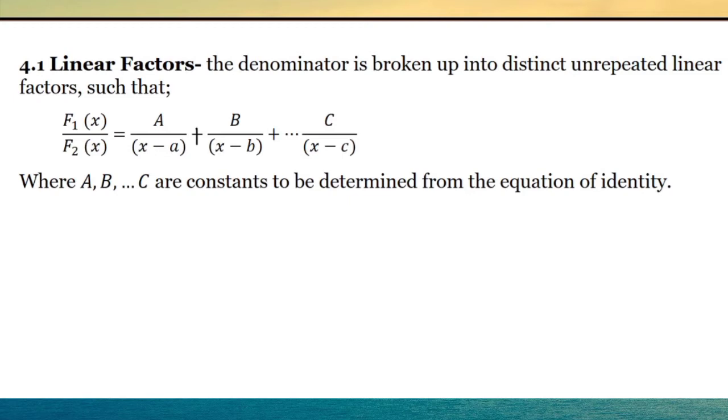So where A, B, and C are constants to be determined from the equation of identity, itong x minus a, x minus b, and x minus c, ito yung mga factors ng denominator natin na f2 of x.